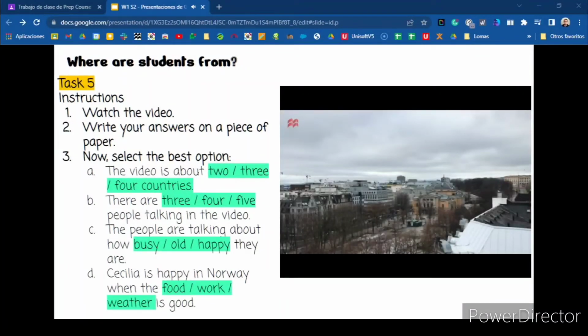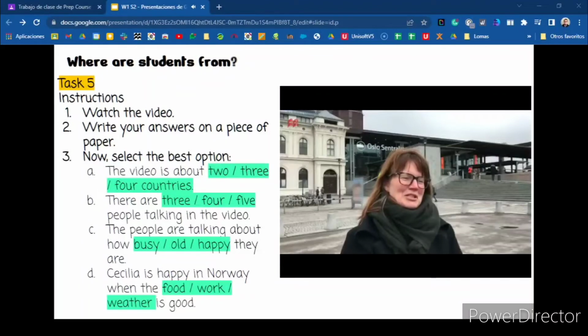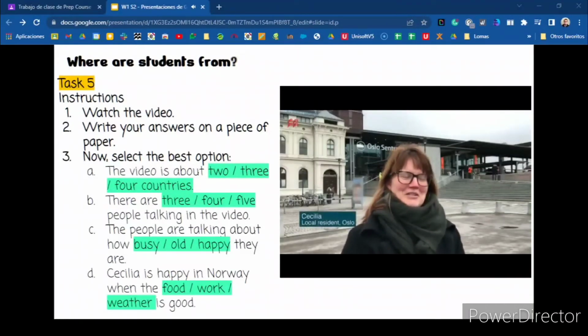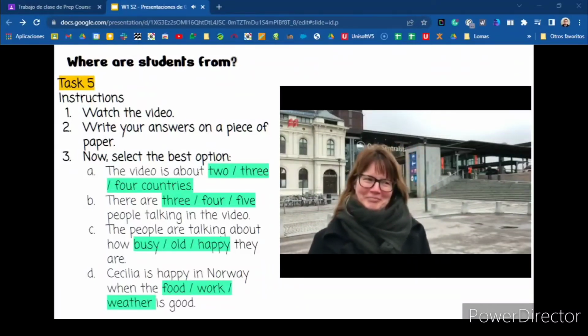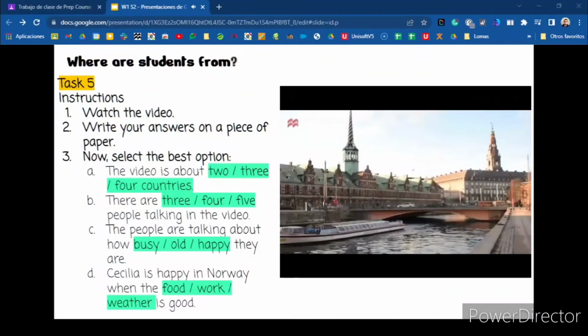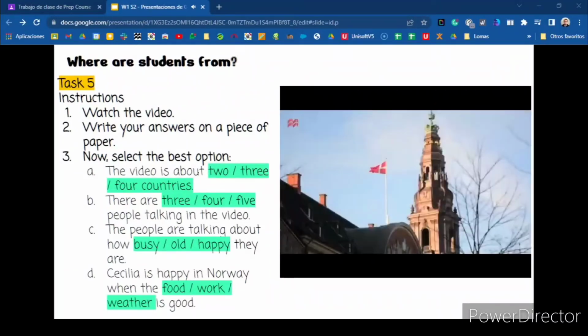People think Norway is a happy country. Cecilia lives in Norway. She says it's nice when the weather is good. Especially in the spring, I think, because then it's bright and light and the heat is coming. Yep, then we are happy. Some people also think Denmark can be the #1 happy country.